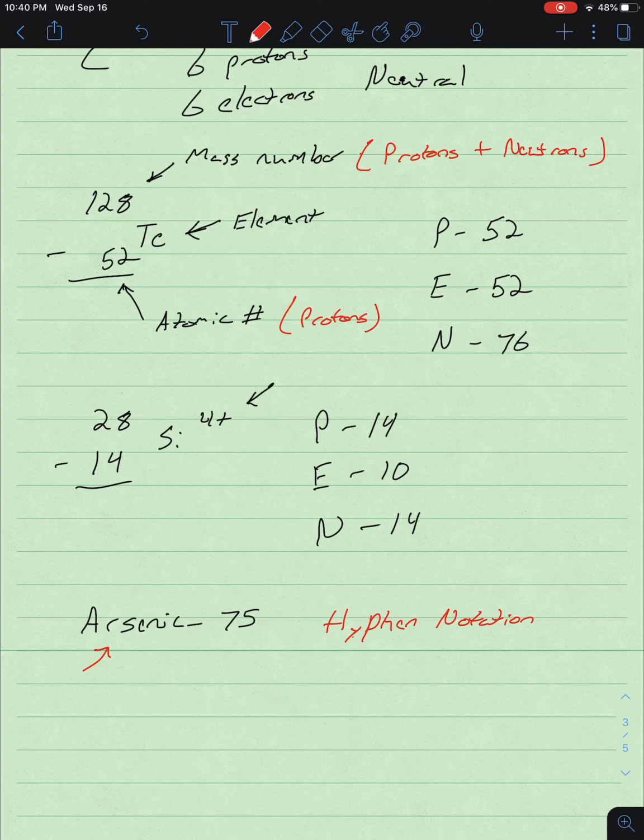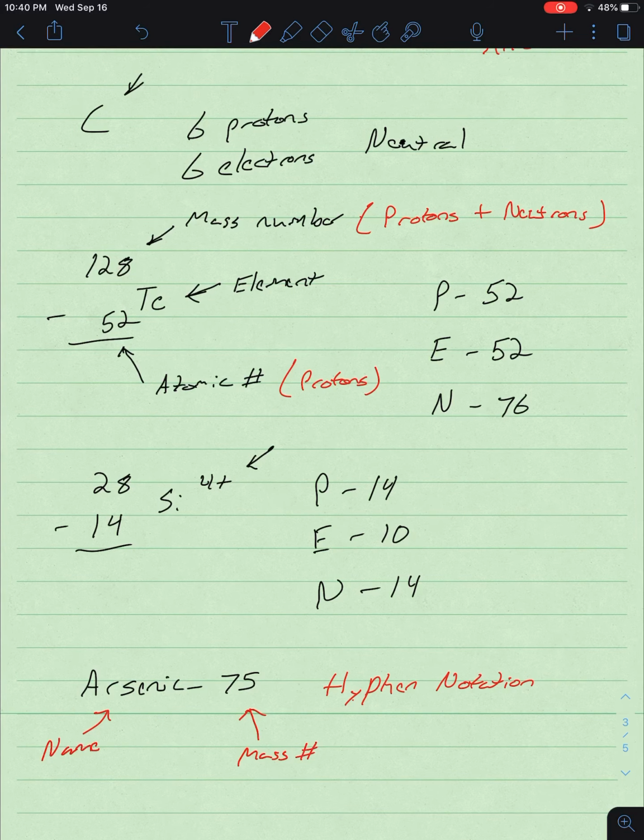This is simply the name, and this is the mass number. Back up here, this is considered isotopic notation. You will need to know both and how to navigate both.